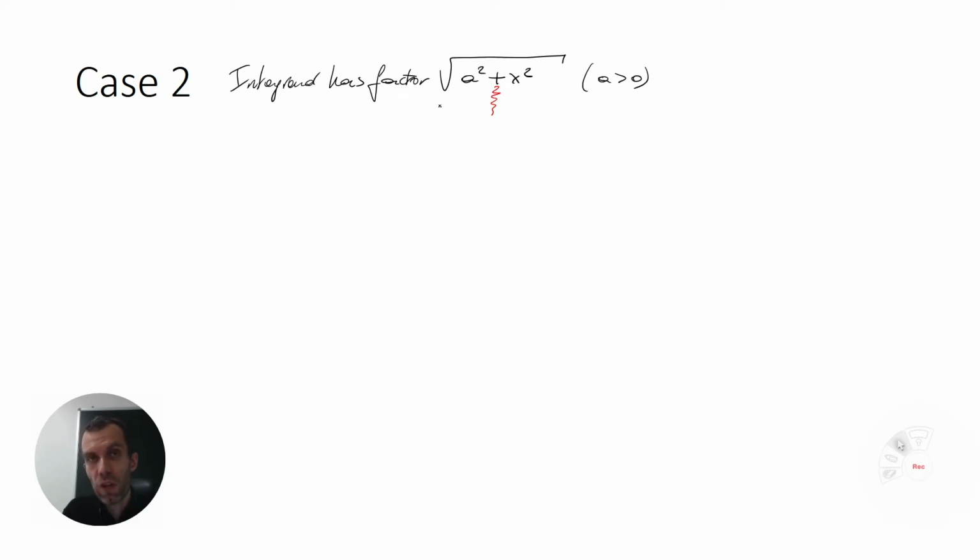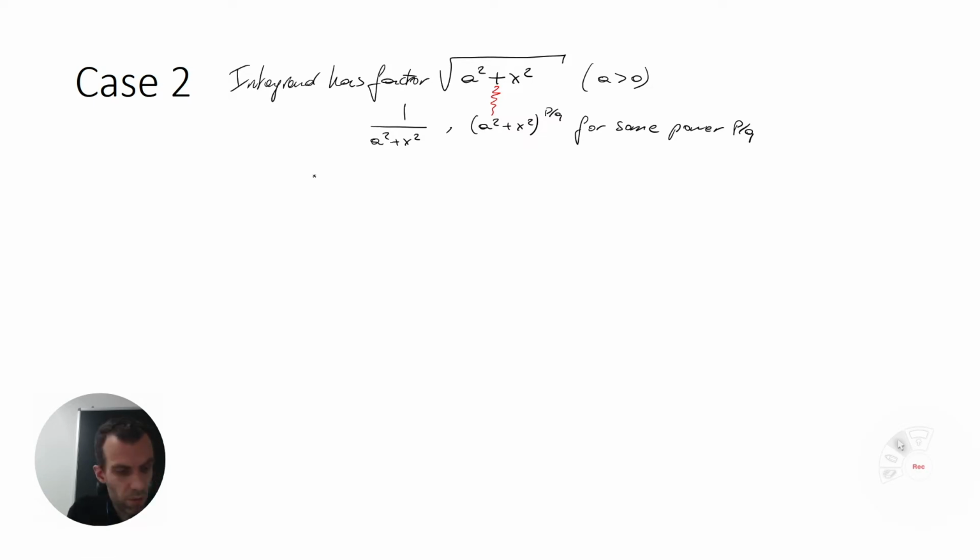And more generally, this trick will also work for factors of the form 1 over a squared plus x squared, and even for a squared plus x squared to some power p over q, but not for all powers p over q. So I can't give you a recipe for where it will work and where it will give you an integral that is tricky. You just have to try and see if the substitution gives you something that you can work with.